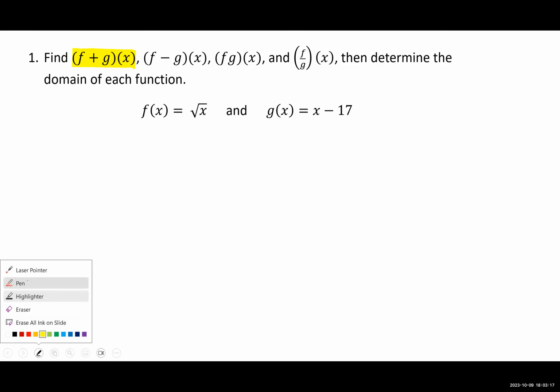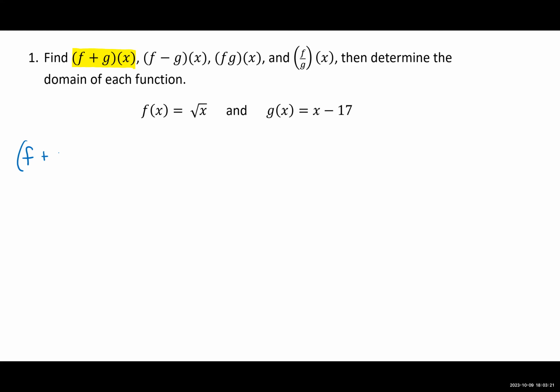So for the first one, f plus g in parentheses, and then parentheses x. Well, when we see f parentheses x, we read that as f of x, right? We're reading that out loud. Well, this is the same function notation.